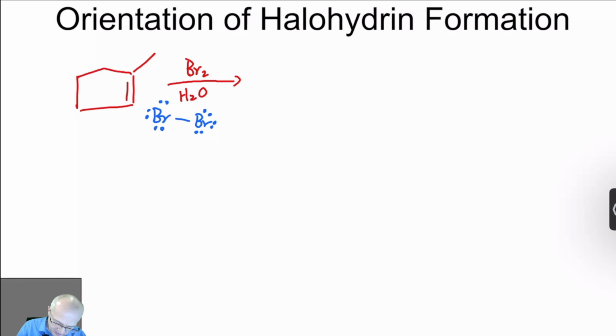There we go. Pi bond attacks the bromine. Bond breaks, and these electrons go into there. So you form the bromonium ion in this case. And I always like to put my ions down. Could have drawn it up. I just choose to put them down because I think it looks prettier, neater, cleaner, however you want to say it.